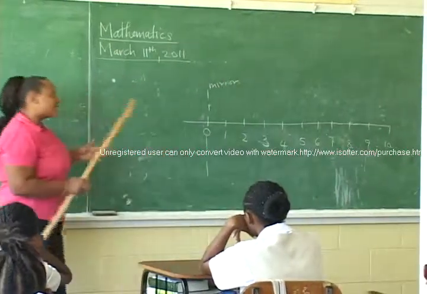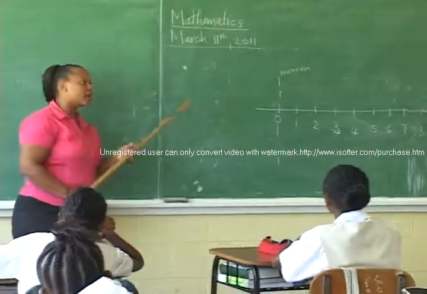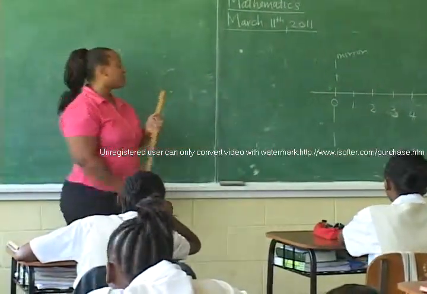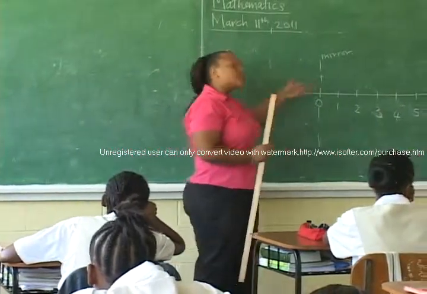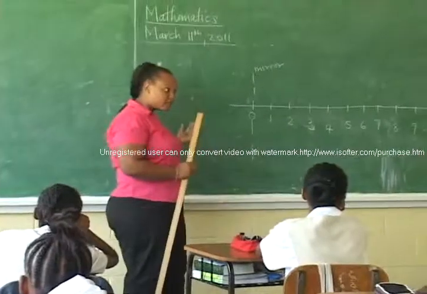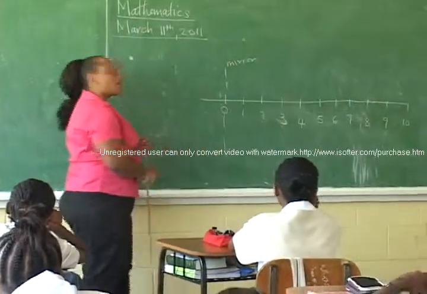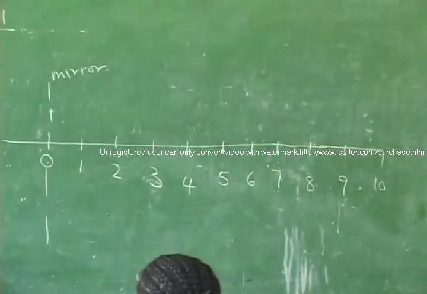Now, there are a set of numbers that are reflections of the whole numbers, or these positive numbers that you have here. Now, what do we know about a reflection? Whatever comes first will come first. Whatever comes second will come second, and so on.